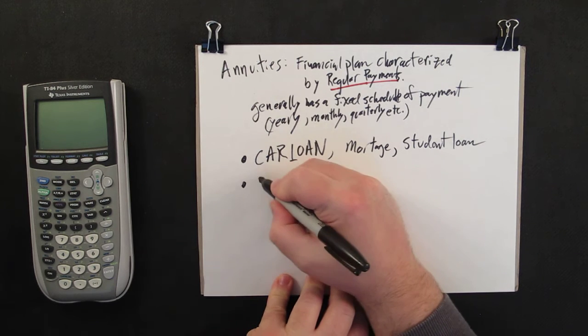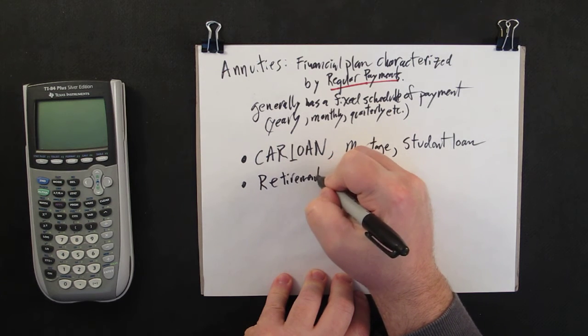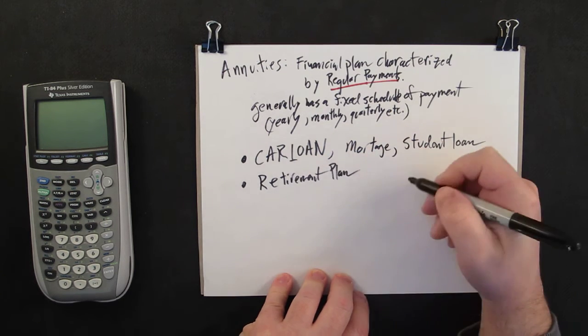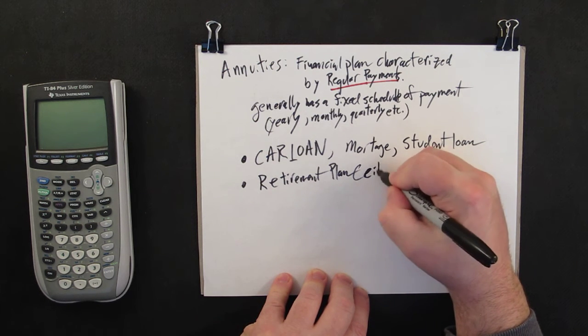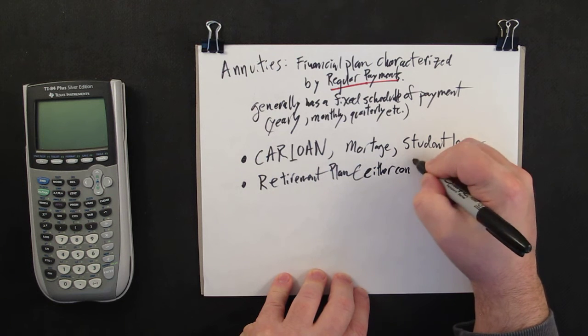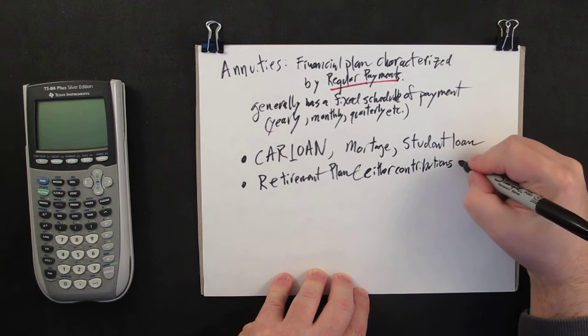Some other examples are retirement plan. So that can either be contributions or the withdrawals.